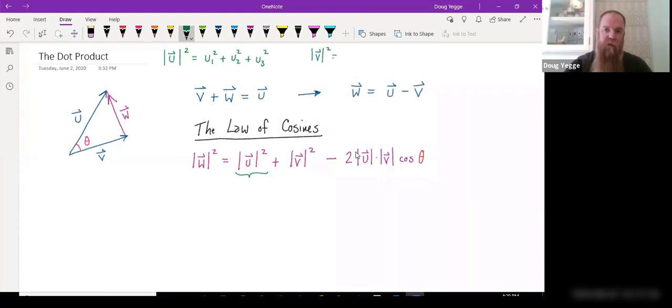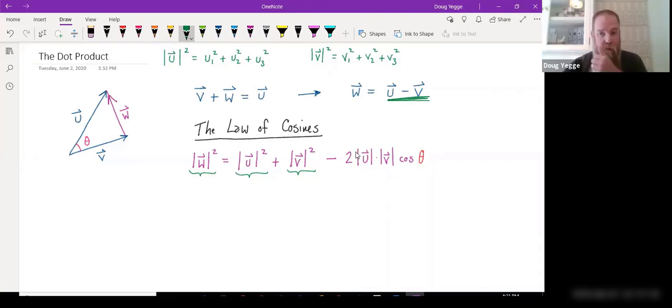squared is equal to, same idea, v1 squared plus v2 squared plus v3 squared. And in a couple minutes, we're going to be able to replace the magnitude of v squared with that quantity. But what about the magnitude of w squared? We need to keep in mind that w is u minus v.